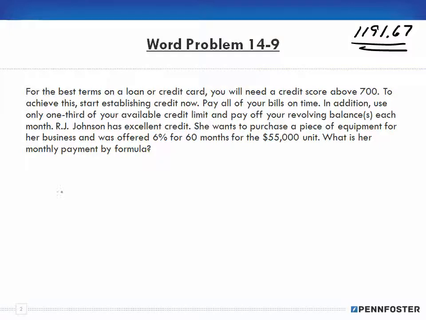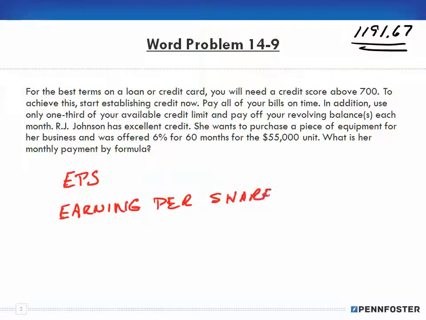All right, now I'm going to segue a little bit here. You may or may not have heard the concept EPS, earnings per share. Okay, and when we convert that, the per is basically division.